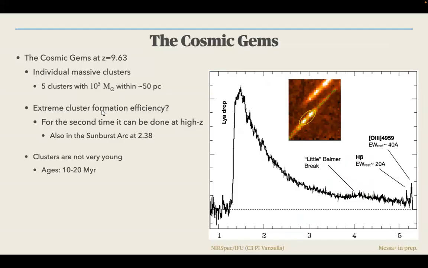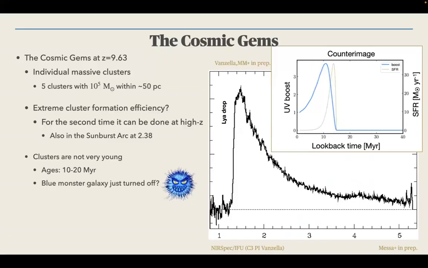And last, these clusters are not very young, and so we have IFU data. We see that there are very faint lines, a little Balmer break, and so it looks like this galaxy was a factor of 4 brighter in the past, about 10 million years ago.